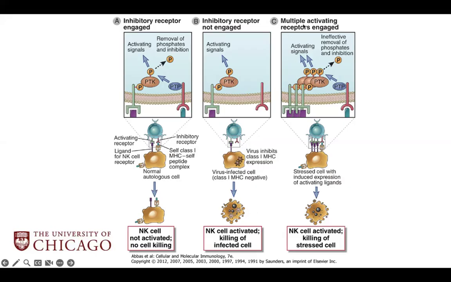But in reality, what's happening is there is engagement of multiple receptors, and it is kind of a battle of which is more inhibitory signals or activating signals. In this example, it shows that there's an overwhelming activating signal against the inhibitory signal, and it will detect a stressed or virally infected cell that the NK will then kill.